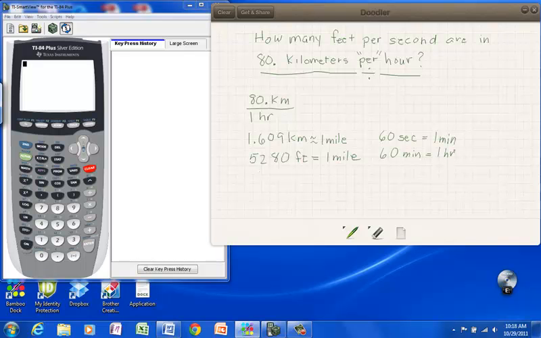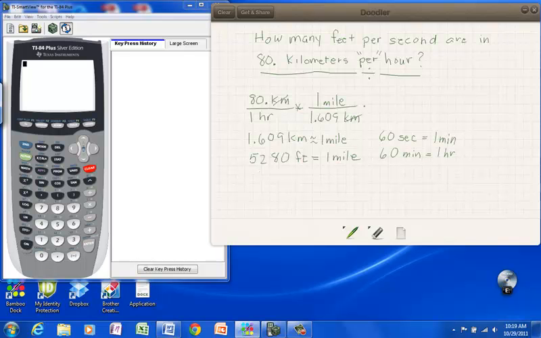All right, now let's see if I can arrange my conversion fractions so that things cancel. So kilometers and kilometers need to cancel. Kilometers have canceled. Haven't gotten to feet yet, so I need this one.